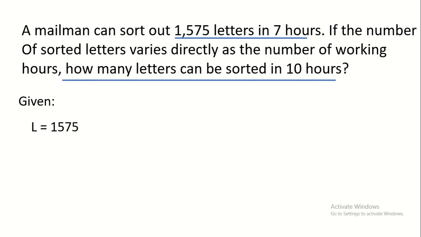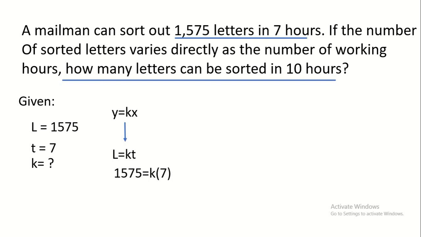So, 1,575 in 7 hours. Ano daw yung k or yung constant of variation? So, gamit ang equation natin na y is equal to kx, papalitan natin si y ng L and si x ay t. So, we can substitute it as L is equal to 1,575 and si time ay 7 hours, or yung t is 7.